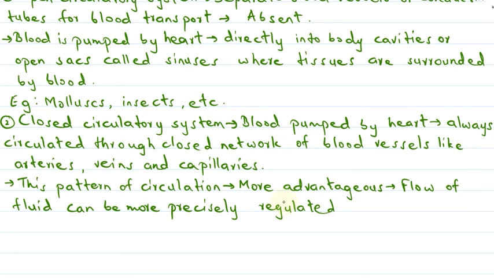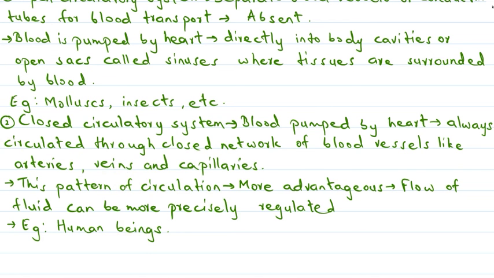Hence this pattern of circulation is more advantageous, and we can find such pattern of circulation in human beings. So human beings are the examples where closed circulatory system can be seen.